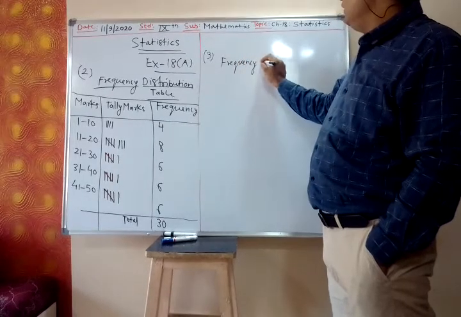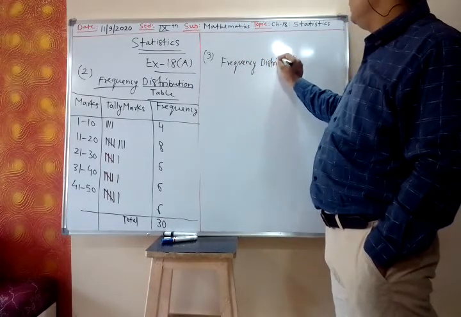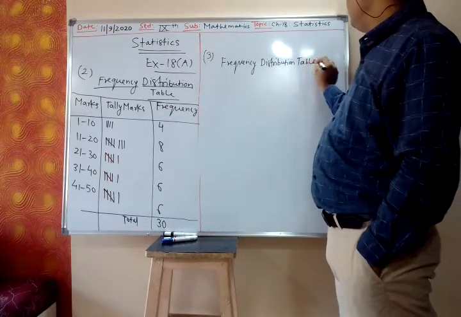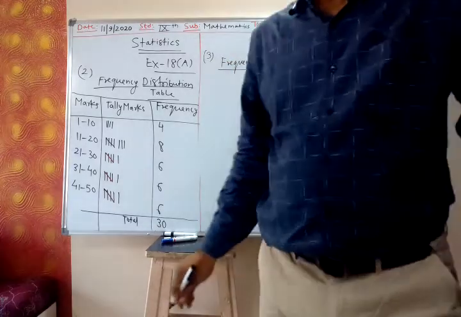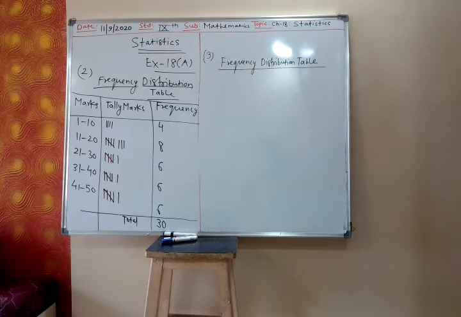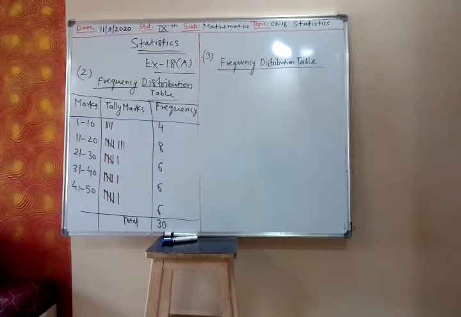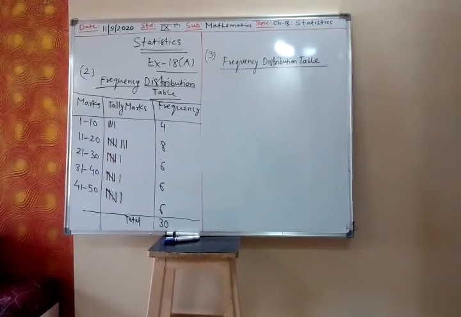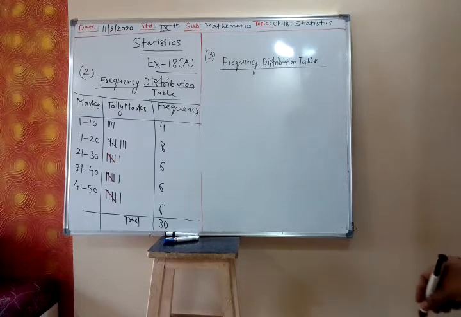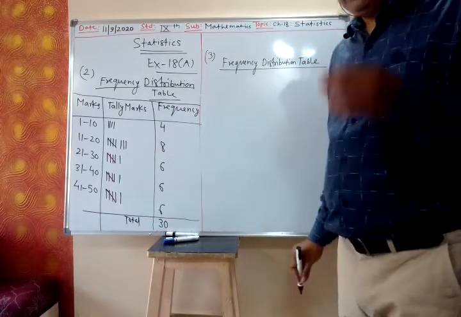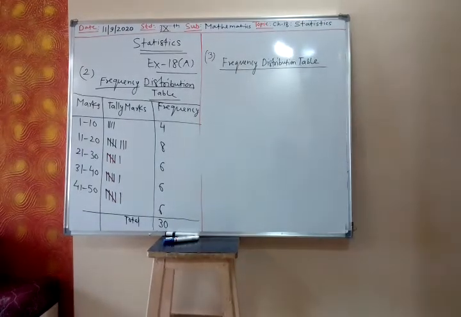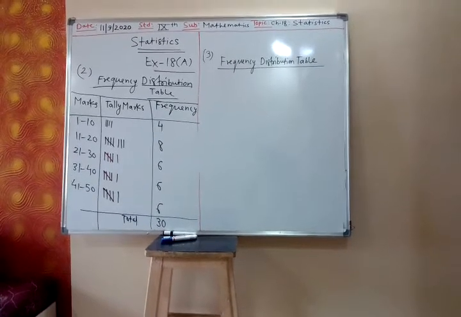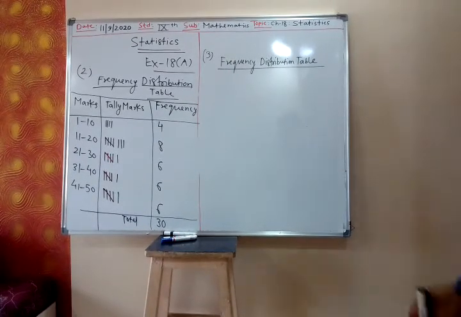Frequency distribution table. See, in this question, the class interval is 0 to 10, then 10 to 20.